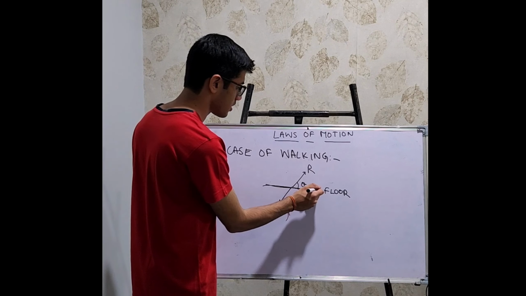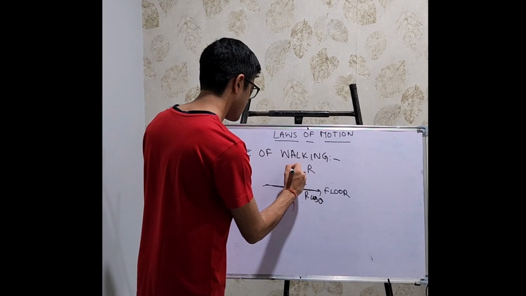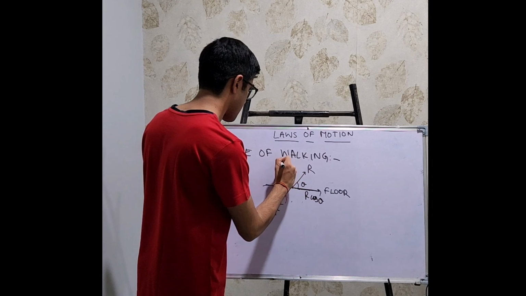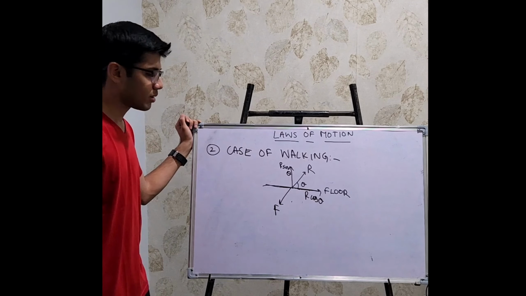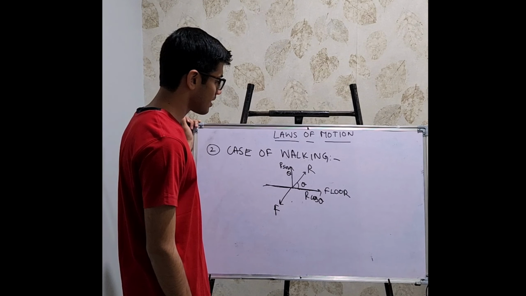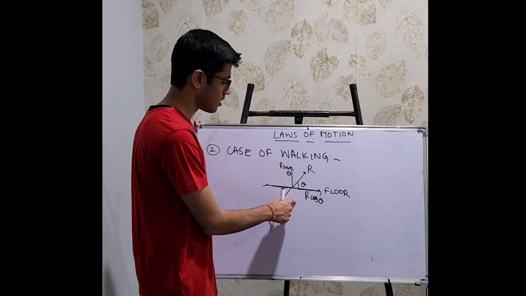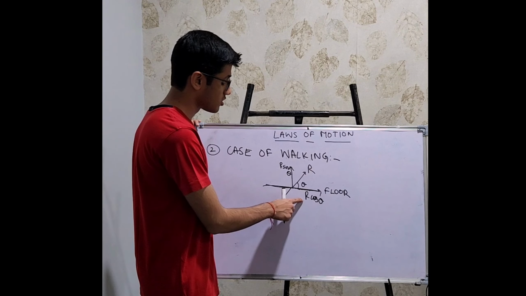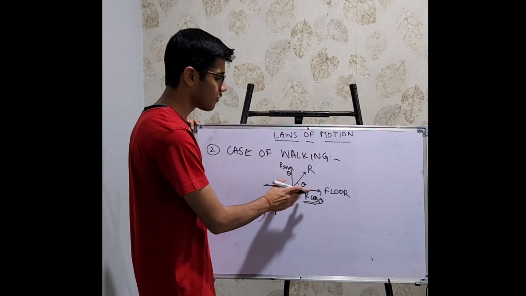So now this quantity right here will be R cos theta, and this will be R sin theta. Obviously, when we walk, we don't move upwards, we don't fly when we walk, and mainly the component responsible for walking is R cos theta. That enables us to move forward while walking.